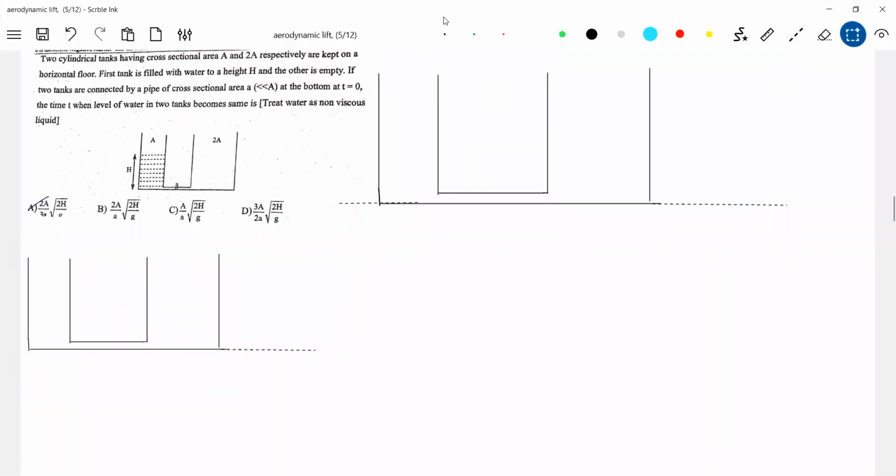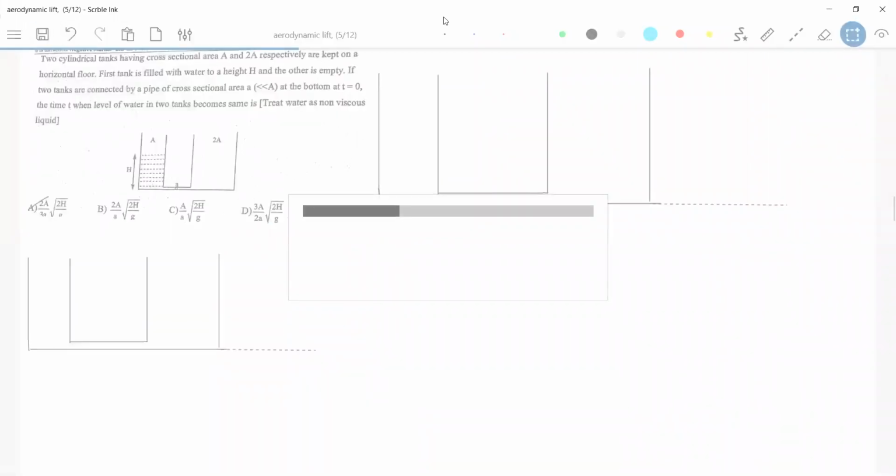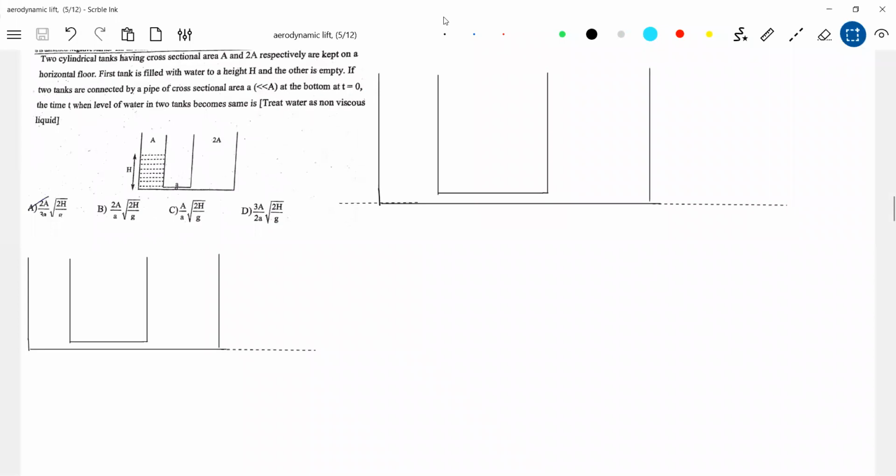There's the initial, there's the final. What happened to the level of liquid finally in both the containers? It must be equal. So this is the initial what you are seeing, and this will be the final diagram.